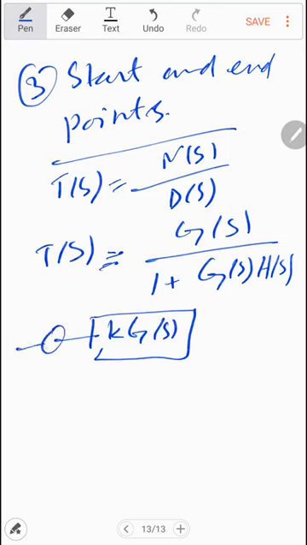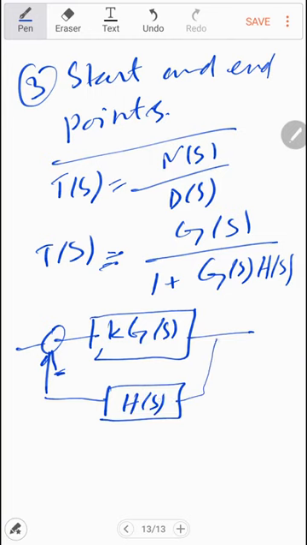Since we develop this for the negative feedback system, this is negative, and this is the h of s, the feedback transfer function. Let's say this is the control signal and this is the input signal. So we develop this equation, T of s is equal to g of s divided by 1 plus this one, but since now we have k, we use the value of k.